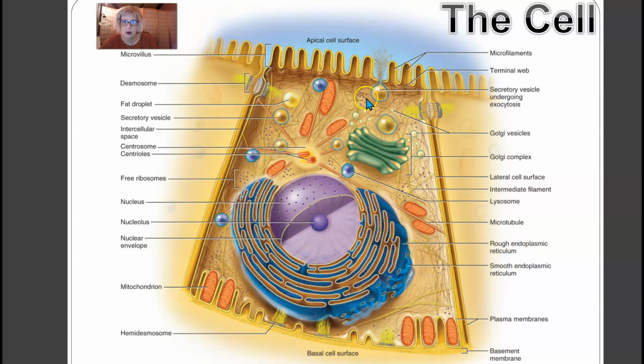Okay, now let's continue. What you see here, you see these proteins being released. These are secretory vesicles, specifically the Golgi vesicles. And if it's a Golgi vesicle, it's going to be secreting the protein. Now, seen here in yellow, whenever you see yellow, just think fat.